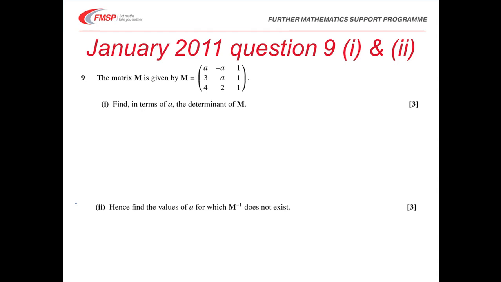So we've got to find the determinant of M. Remember that when you're finding the determinant, you can in fact expand by any row or any column. And if there are lots of zeros in a row, 1 or 2, or a column, then it's a good idea to use that row or column. But in this case, there aren't any zeros, so I'm just going to expand by the first row.